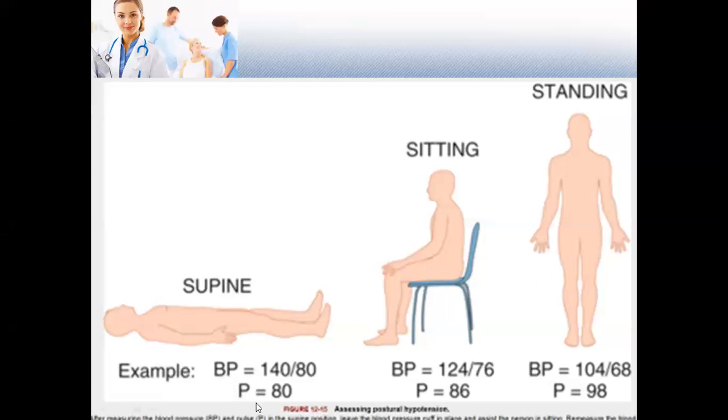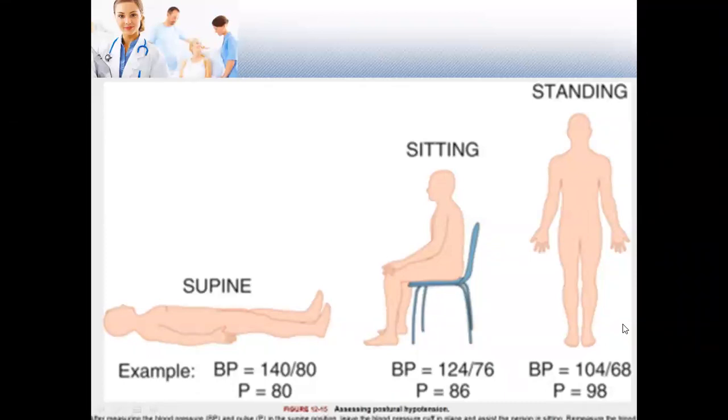Like here, the pulse rate is 80 when supine, 86 when sitting, and 98 when standing. So the pulse or heart rate increases. And the diastolic blood pressure is 80 when supine, 76 when sitting, and 68 when standing.